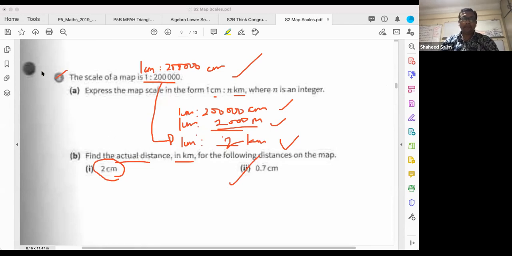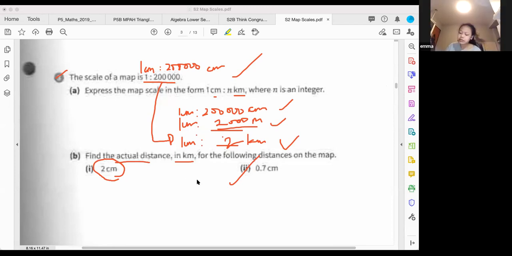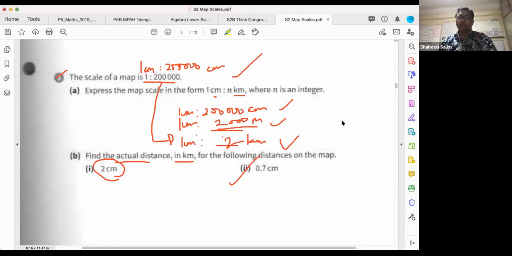How do you get it? 1.43 km. Okay, so you went all the way back. Actually, you don't need to. That's now we converted 1 cm to 2 km. Correct.